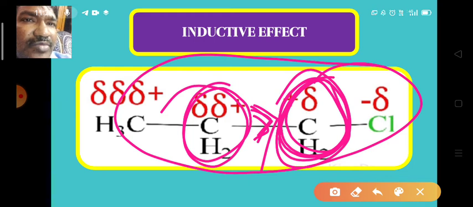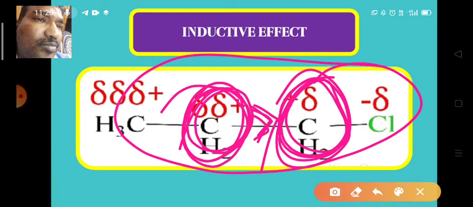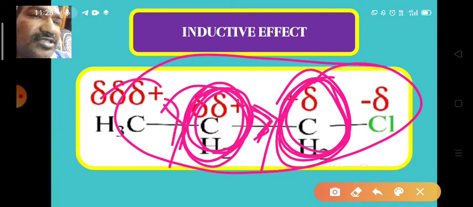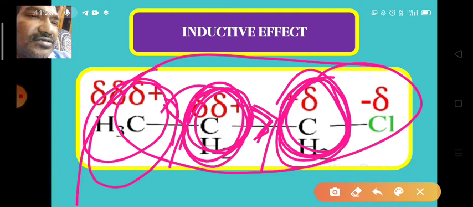Here, as the number of deltas increases, the quantity of the charge decreases. That we have to understand. And as a result, this carbon also becomes electronegative, and we observe a positive charge on this last carbon.